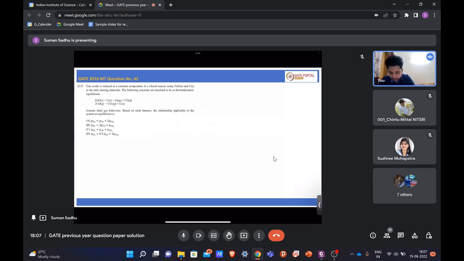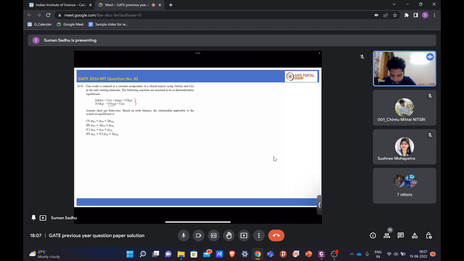The first reaction is ZnO plus carbon, both solid, giving Zn in the gaseous form plus carbon monoxide in the gaseous form. The second reaction is 2 moles of carbon monoxide dissociating to form 1 mole of CO2 and 1 mole of carbon. Assume ideal gas behavior.